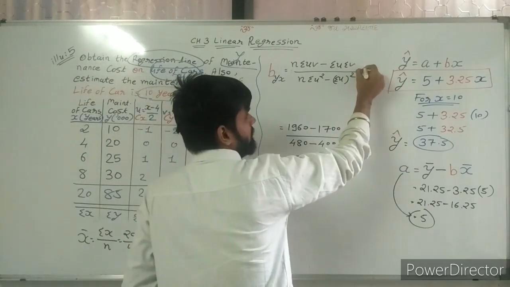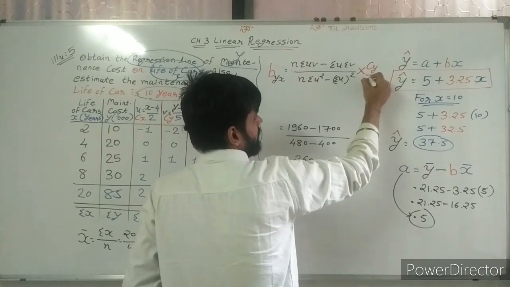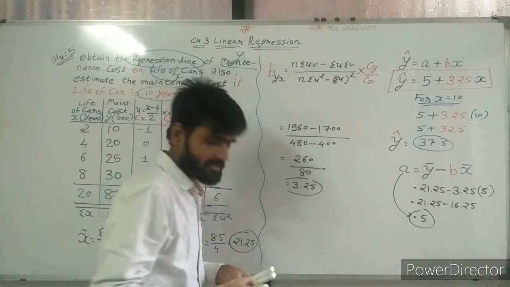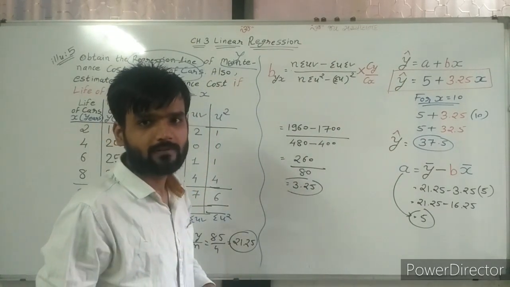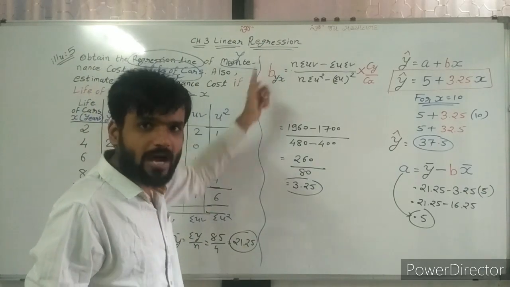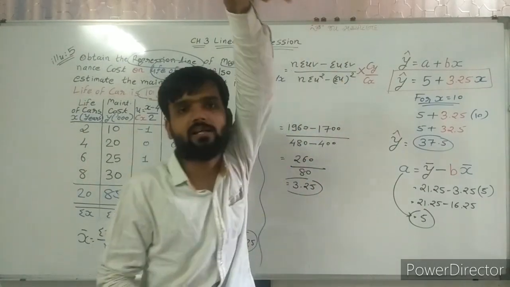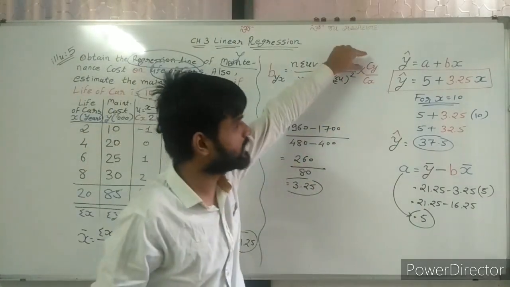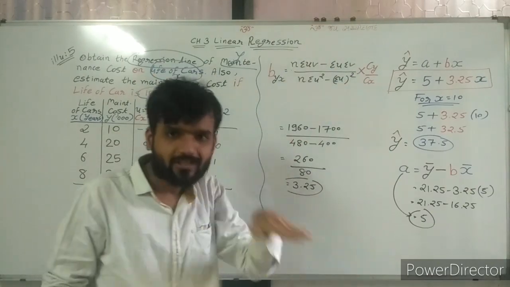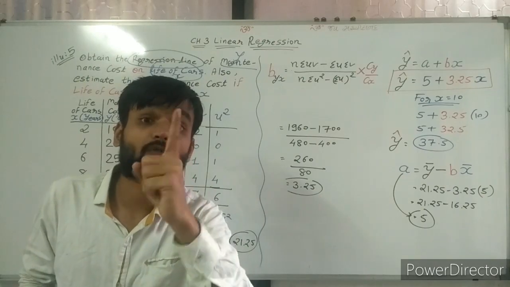You have to write in multiplication, multiply Cy by Cx. What is the base? X is the base, y on x. So Cx is the base, y is in the numerator. So Cy numerator, Cx denominator. In this way, we have to write the formula.